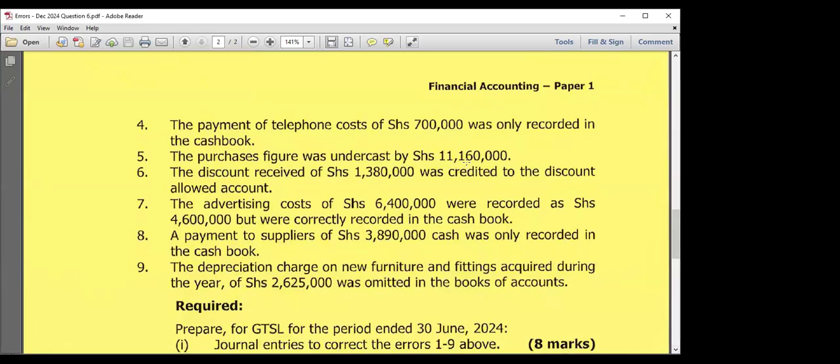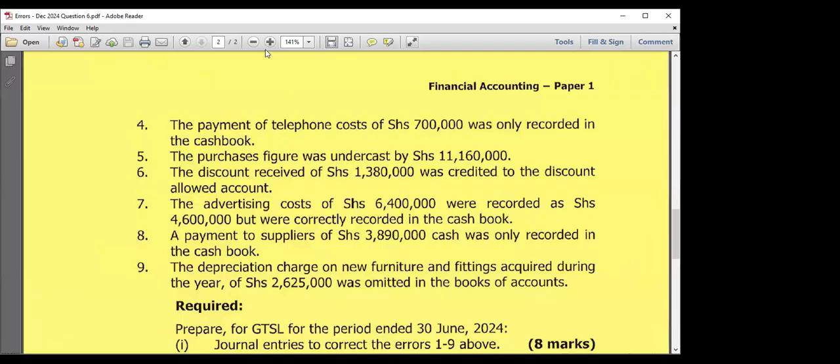Then scenario number 6, the discount received of 1,308,000 was credited to the discount allowed account. This one also doesn't affect the trial balance.